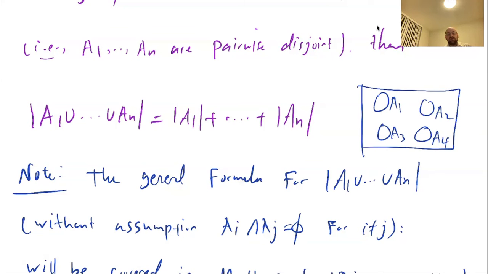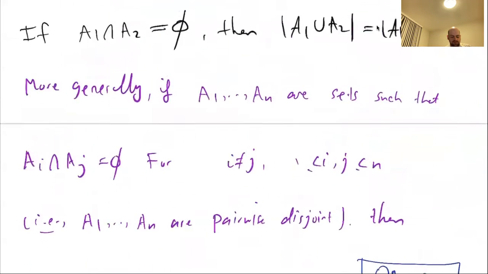But if there is some intersection between, let's say, A1 and A2, or between A1 and A3, or between A1, A2, A3, you will learn that in Discrete Mathematics 2 or Math 221.